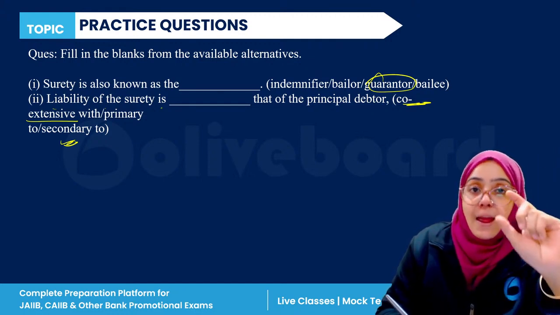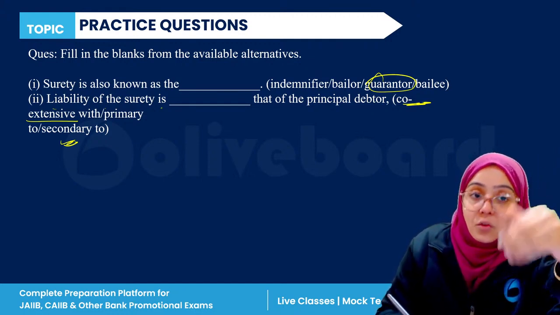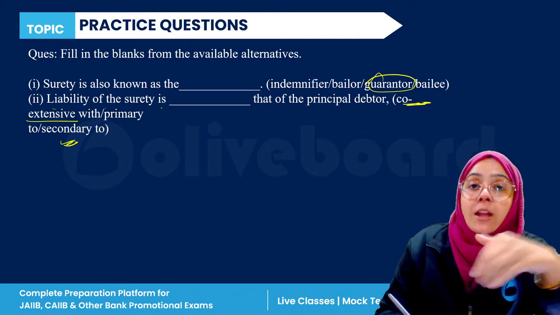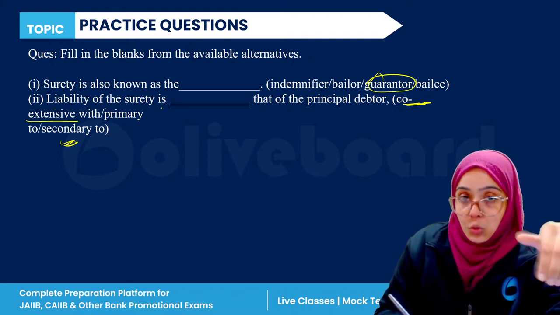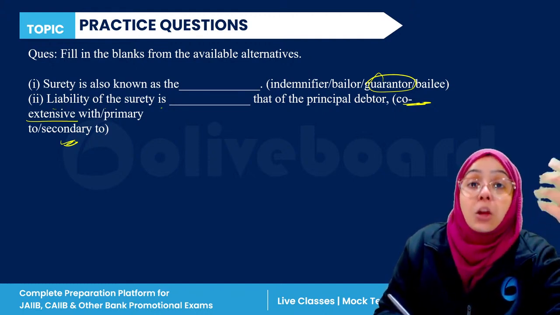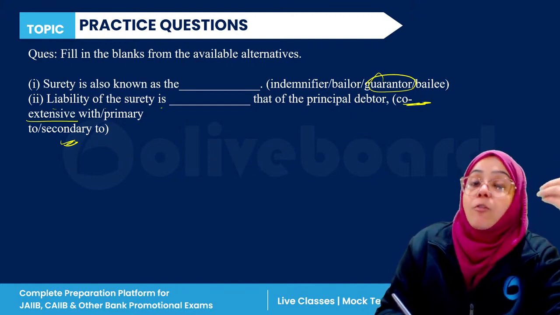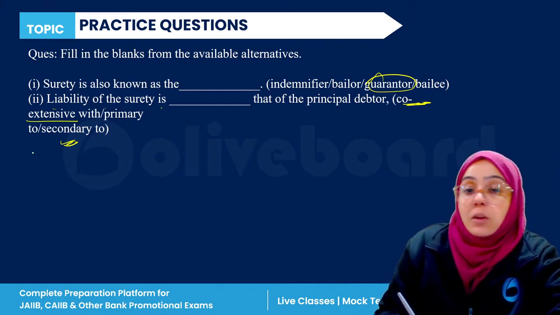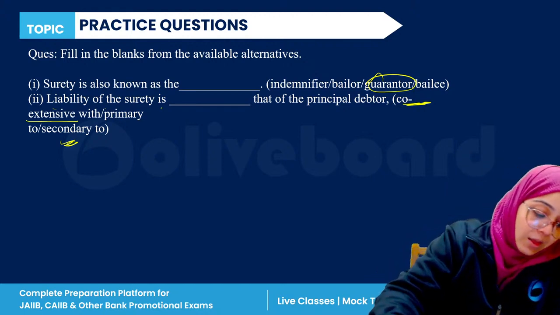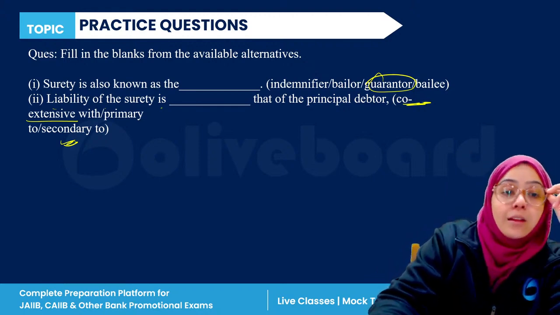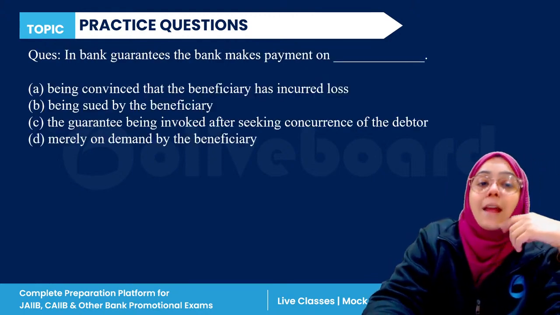The primary liability is of the debtor and the secondary liability is of the surety in terms of the creditor, not in terms of the debtor. And in terms of the principal debtor, the liability of the surety is coextensive. Okay, done. Next question.